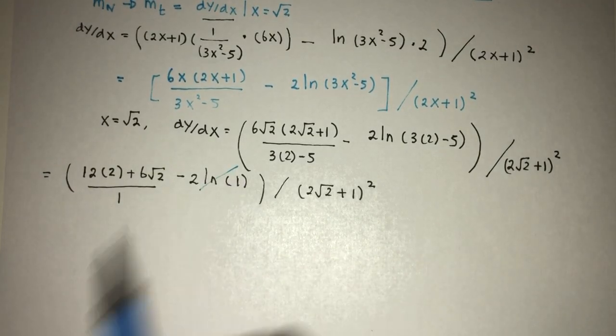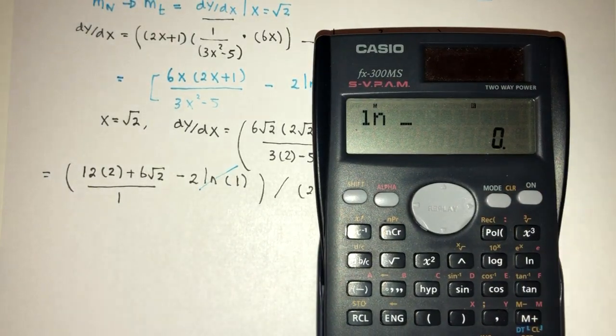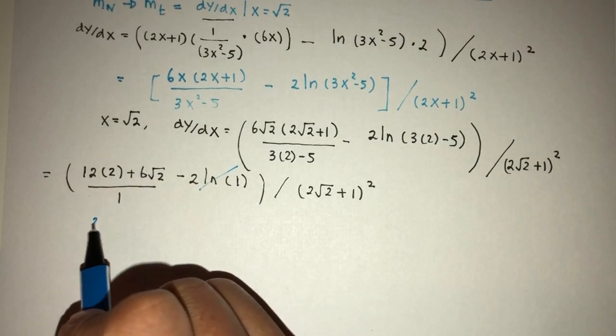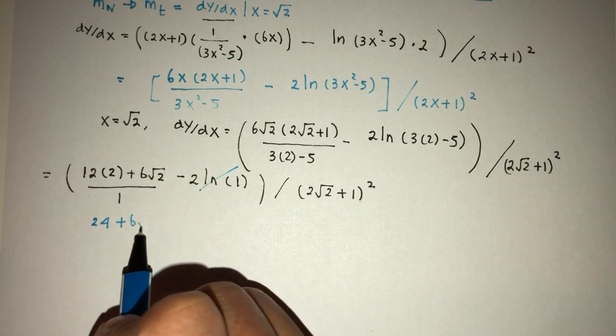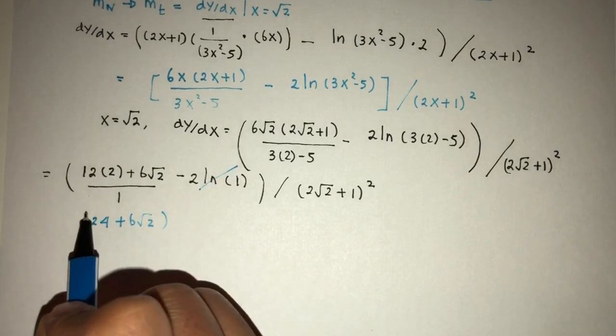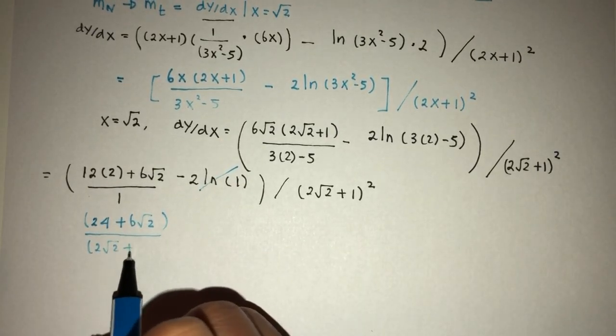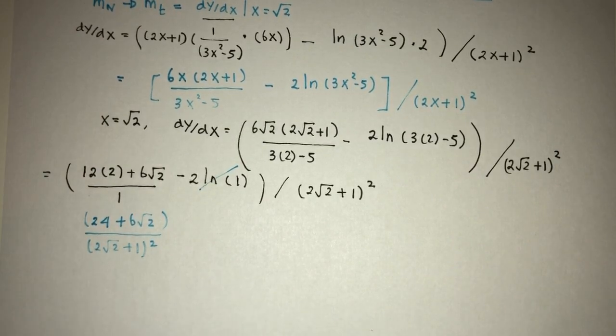There should be 0. If you check, ln 1 is 0, right? So here we have 24 plus 6 root 2 divided by 2 root 2 plus 1 squared. So what is this value now?